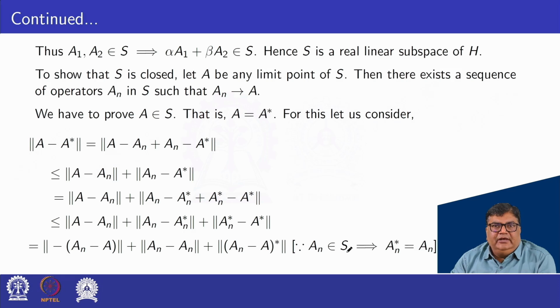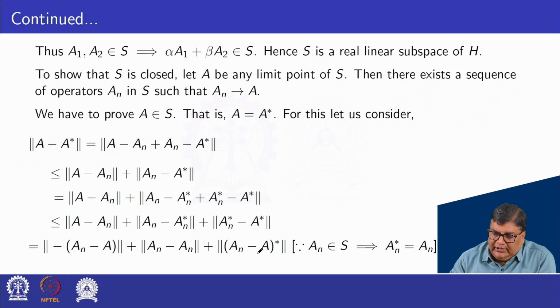Since An belonging to S implies that An star is equal to An, that is, self-adjoint. So this can be written with a minus sign common: norm An minus A plus norm An minus An plus norm An minus A star.